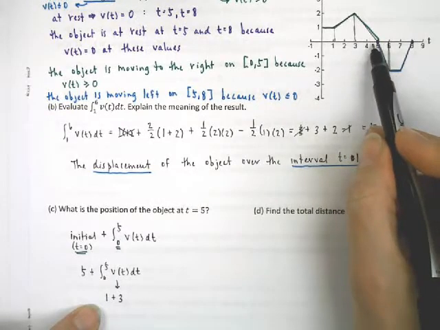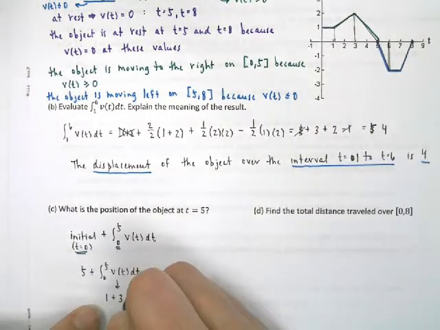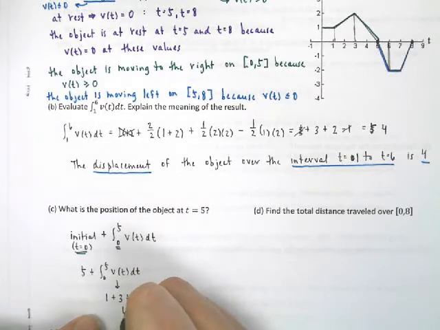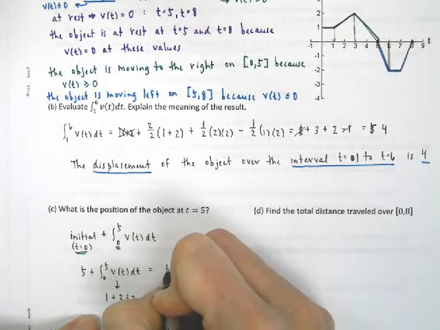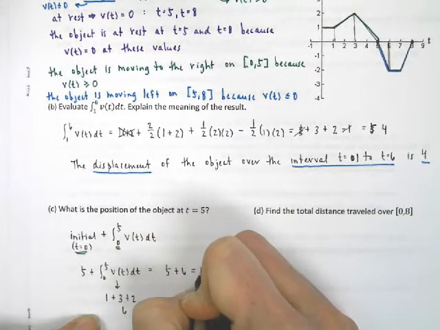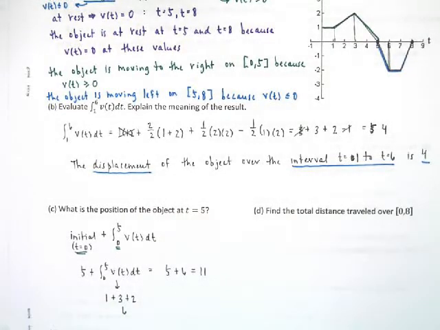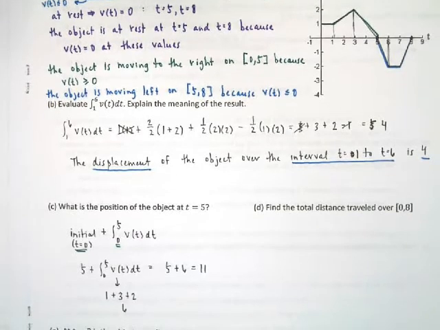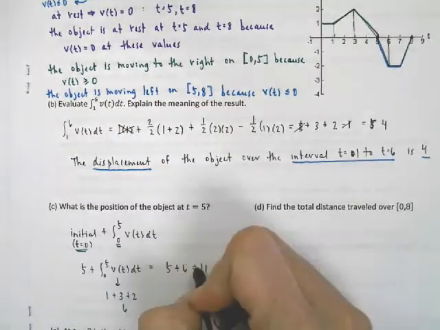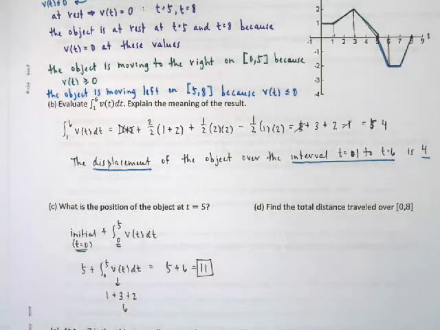Then from 3 to 5, the area of that rectangle was 2. So I know that's 6. So my position then is 5 plus 6, which is equal to 11. And again, if they had given us units, we would include them there. All right, so now I've got the position is equal to 11.